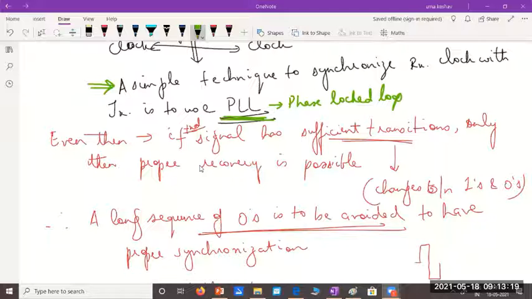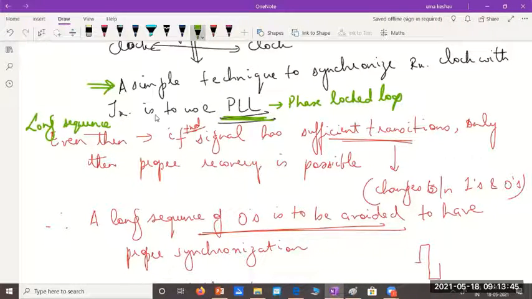That means there are no sufficient transitions to help the receiver synchronize to the transmitter. Remember, only when there are transitions in every bit can the PLL work and synchronize itself to the transmitter.